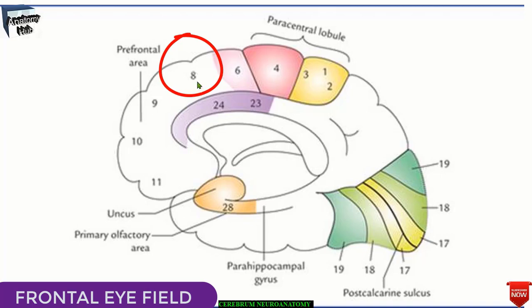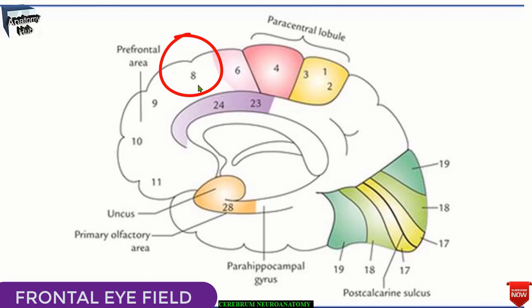This frontal eye field is located in the posterior part of the middle frontal gyrus, just anterior to the facial area of the precentral gyrus, and electrical stimulation of this region causes deviation of both the eyes, especially to the opposite side. So you will find conjugate movement of the eyes.